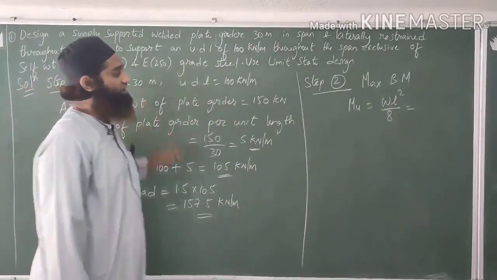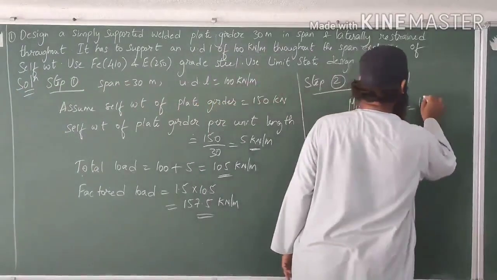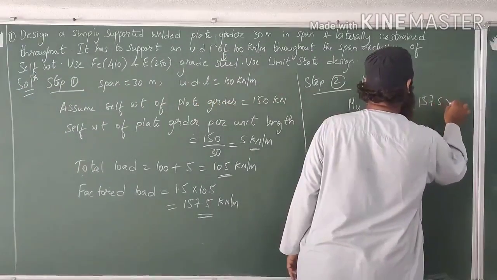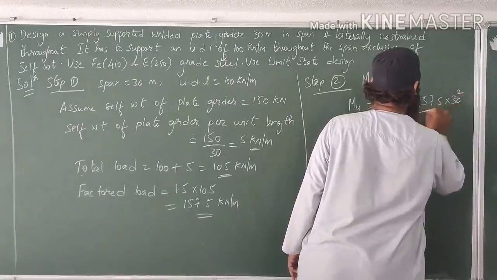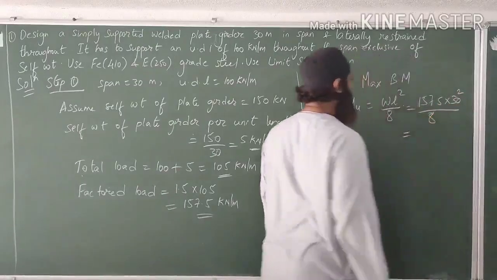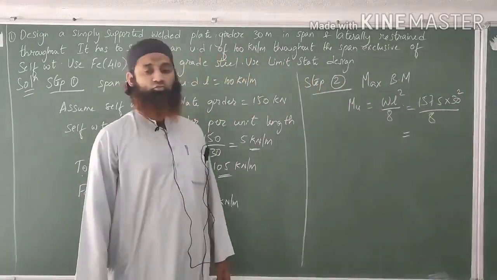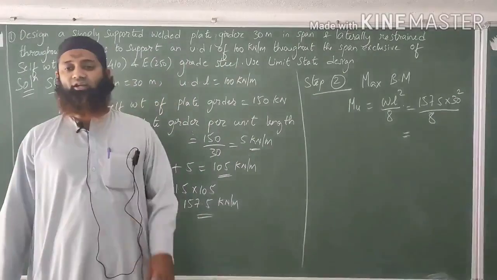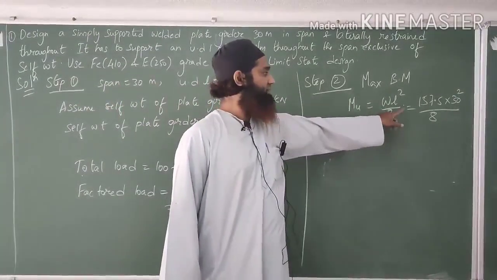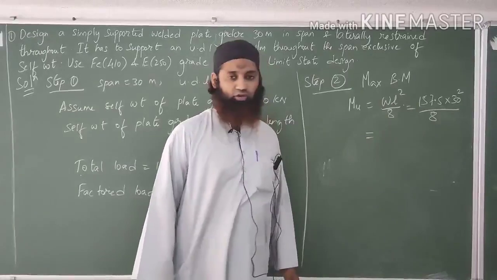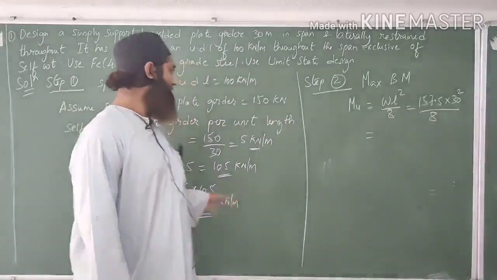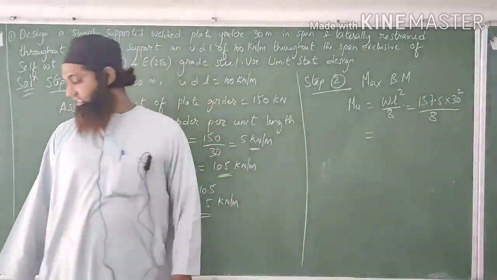157.5 into 30 square by 8. W is the total load that we have got, and 30 is the span. We'll just calculate it.